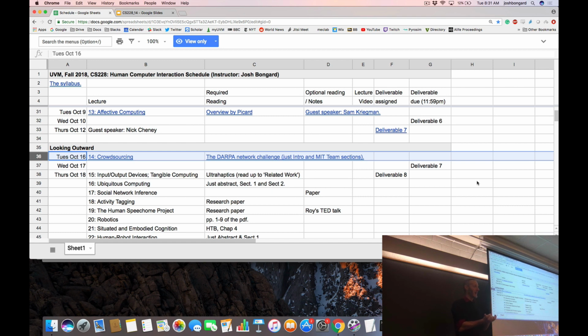Let's reorient back to HCI. We are going to start today on our next theme, looking outward. We've spent a lot of time talking about design. You've seen a little bit of the ins and outs of what goes on between your ears and which aspects of that are relevant for HCI. It's a fantastic time to be studying HCI.